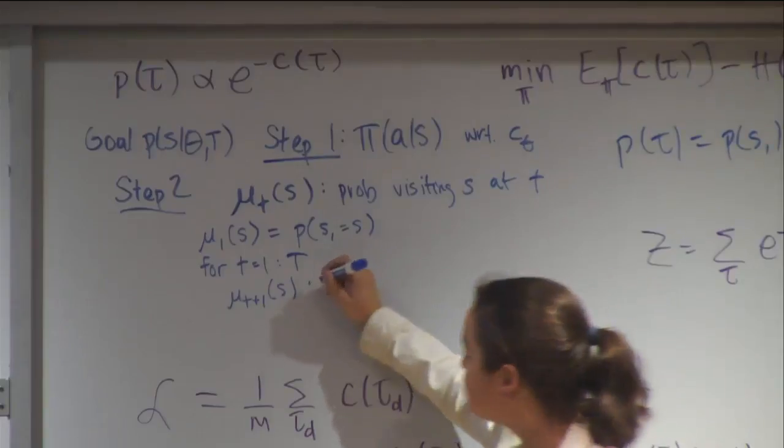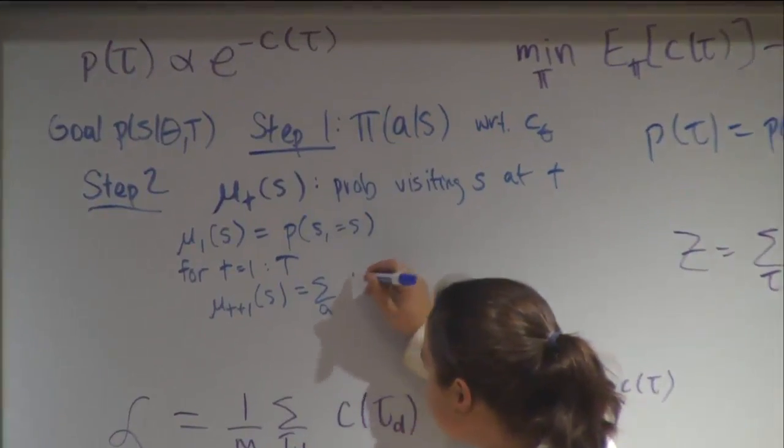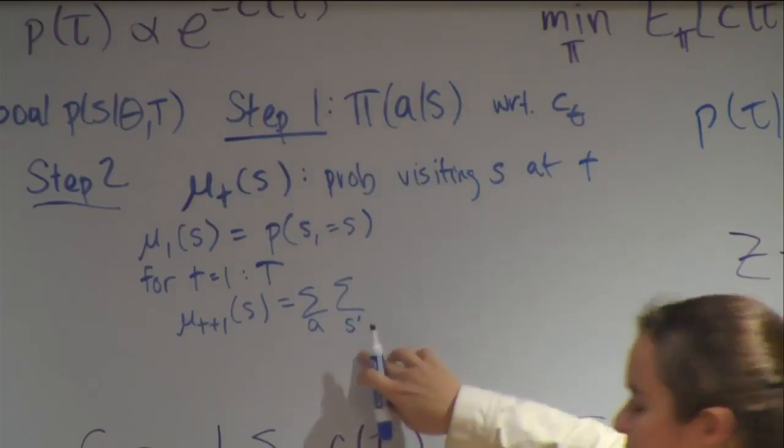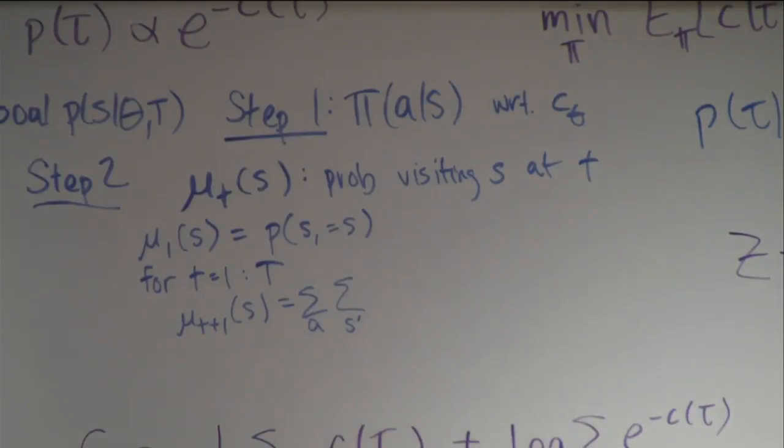Then we set mu of t plus 1 of s to be a sum over all possible actions and all possible previous states. I'm going to use s prime to denote previous states. Note that you normally use s prime to denote the next state, but in this case, it's the previous state.